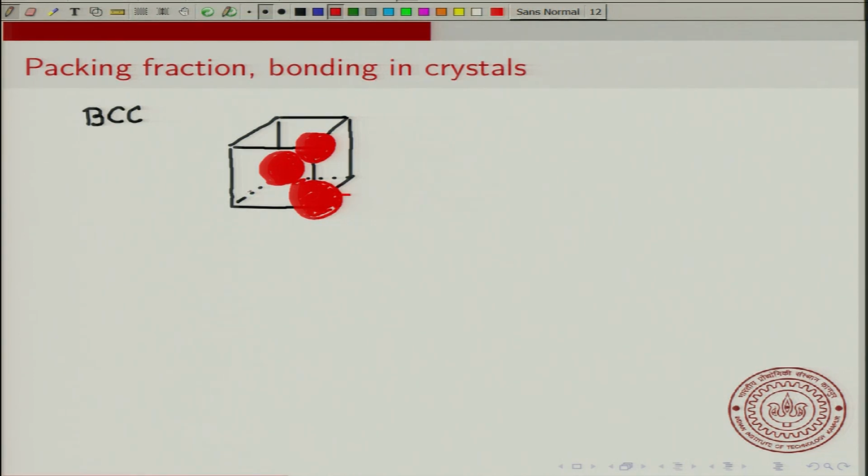Okay, and similarly it will be in contact with the sphere here.